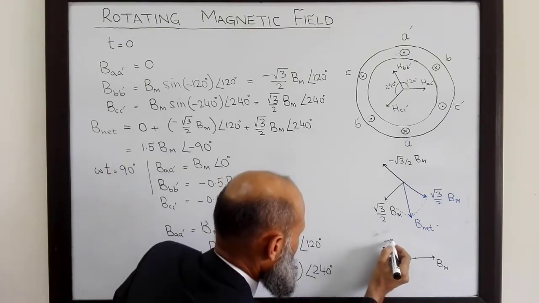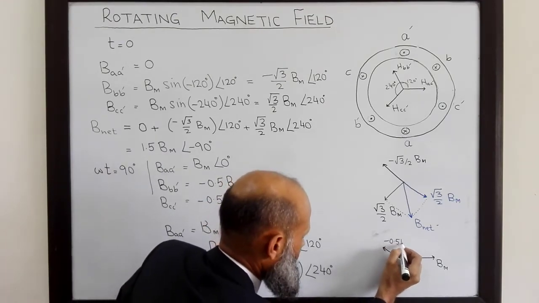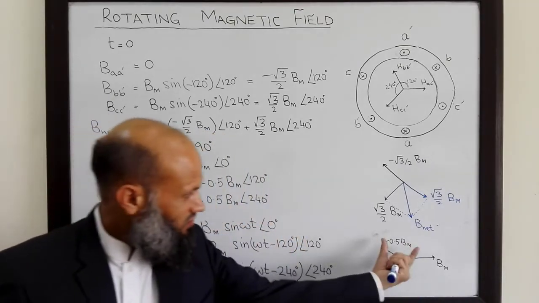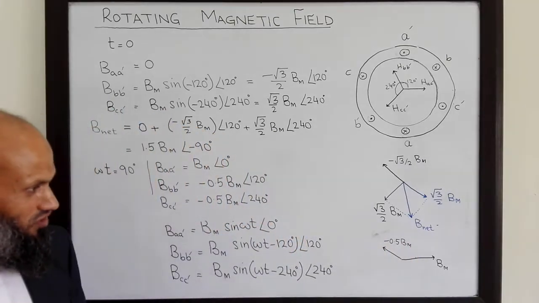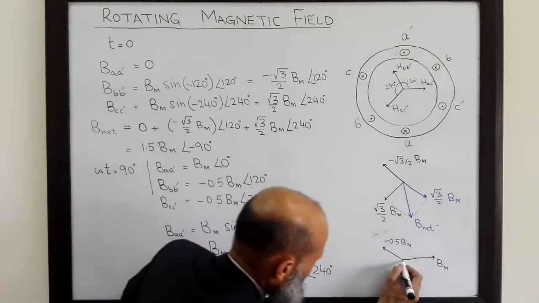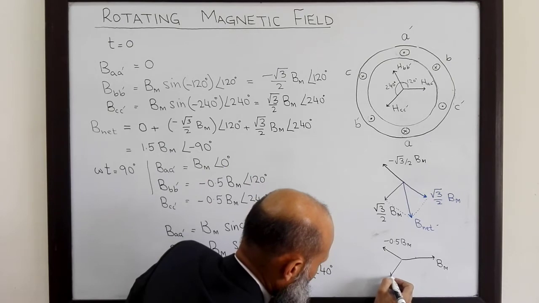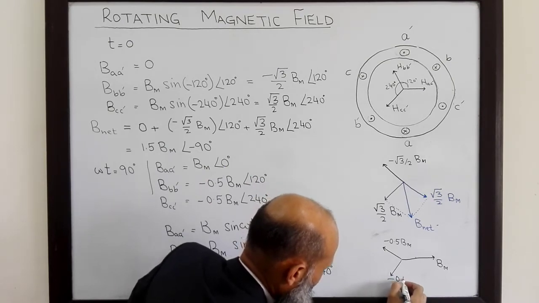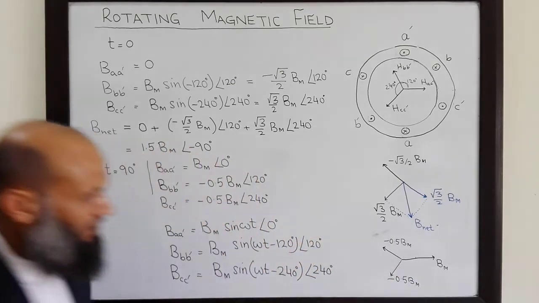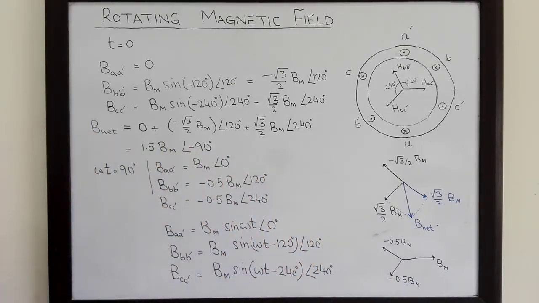So minus 0.5 Bm. So vector with this direction and magnitude equal to minus 0.5 Bm. Likewise, this vector has magnitude minus 0.5 Bm and angle of 240 degrees.